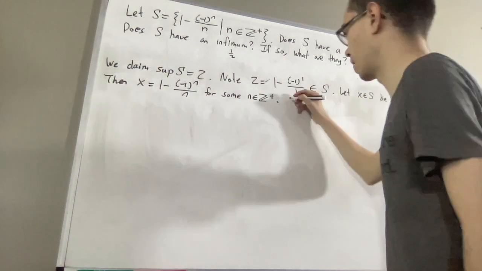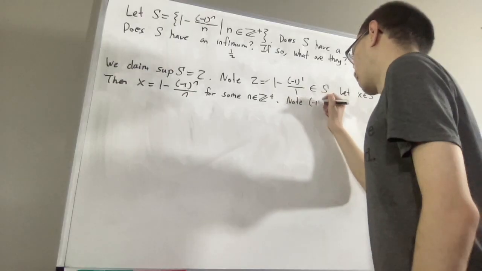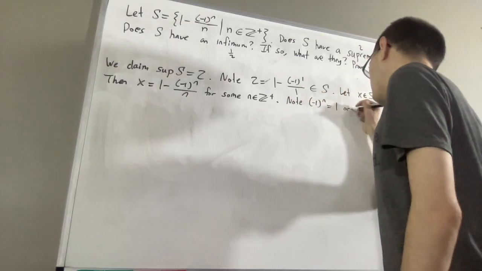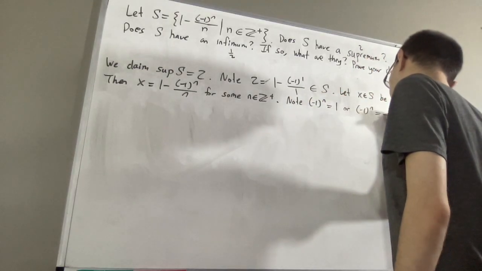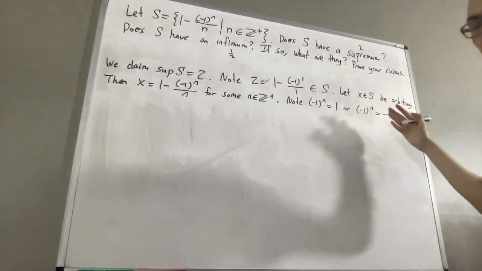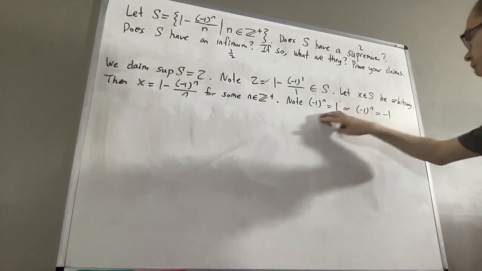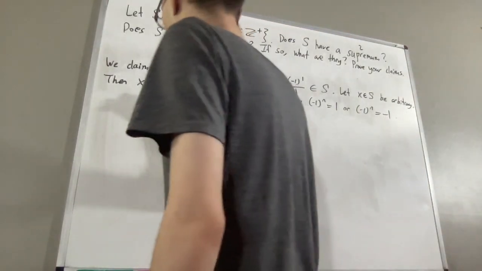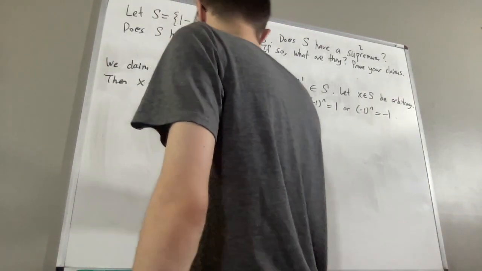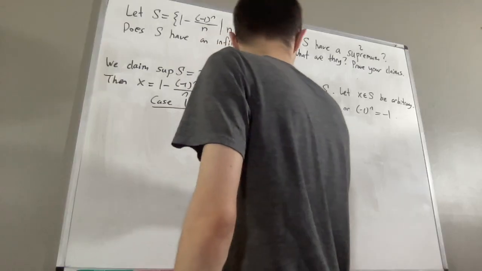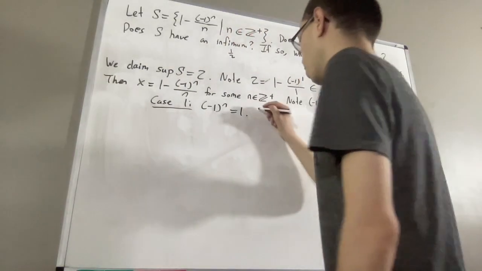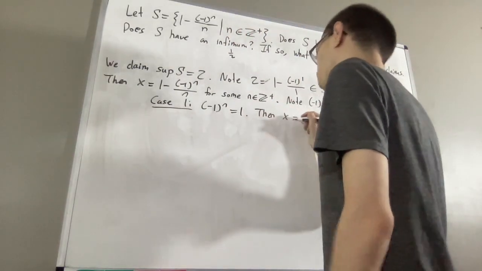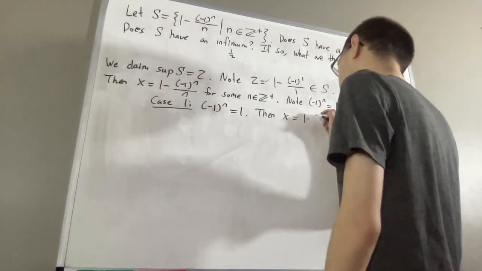So I'm going to just say, note negative 1 to the power of n is equal to 1, or negative 1 to the power of n is equal to negative 1. So we could go from there. And so splitting this up into cases, we consider case 1, negative 1 to the power of n is equal to 1. Well then, x is equal to 1 minus 1 over n.